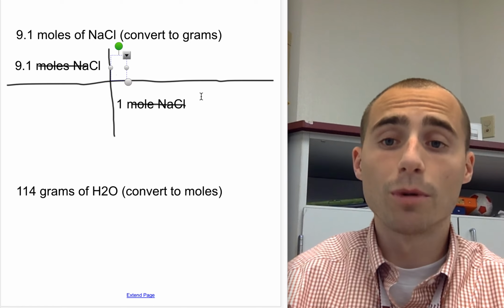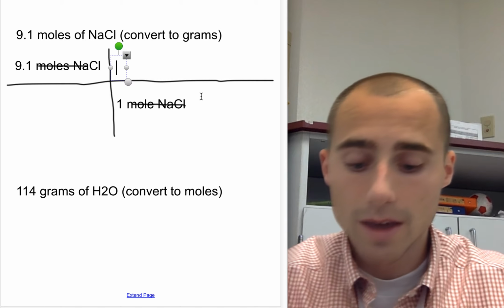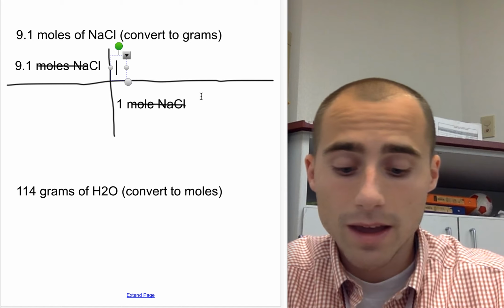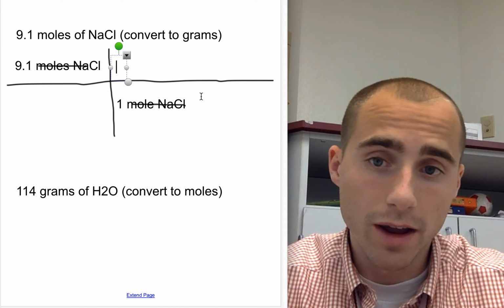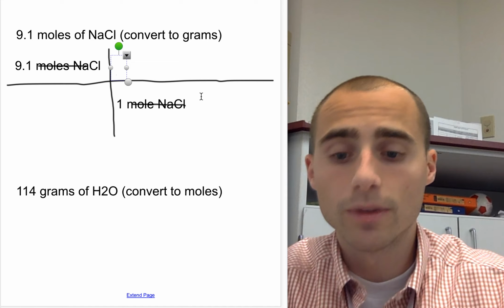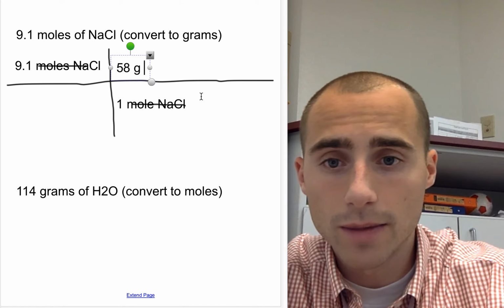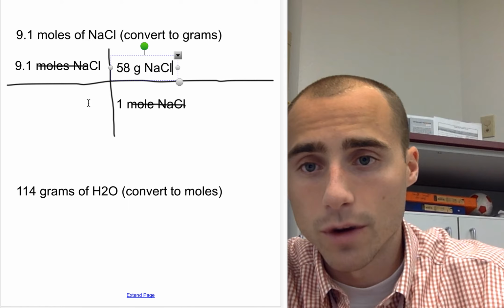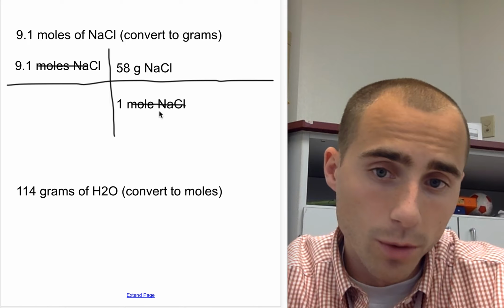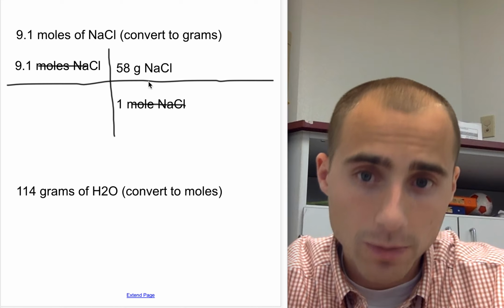So how you do that, remember molar mass. You calculate the molar mass. If you calculate the molar mass, you'll see that Na, sodium, has a molar mass of 23 grams, and chlorine, Cl, has a molar mass of 35 grams. So you end up with 58 grams NaCl for every 1 mole. So you see why we're putting 58? Because we have 1 mole down here, and these two have to be equivalent.